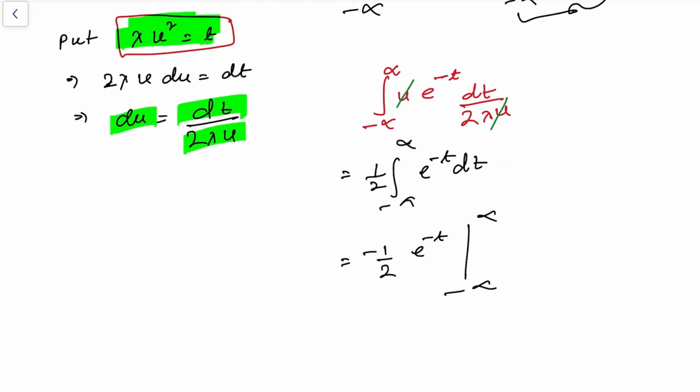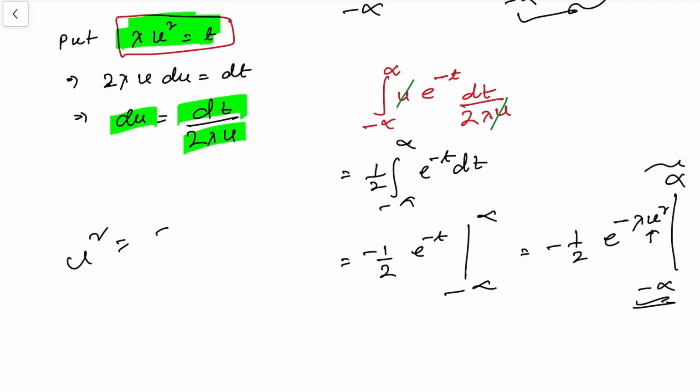Here we have limits minus infinity to plus infinity. Then remember, t is nothing but lambda u square with a minus sign. If you replace this u by minus infinity or plus infinity, in both cases you will get plus infinity, because u square will be plus infinity for both.